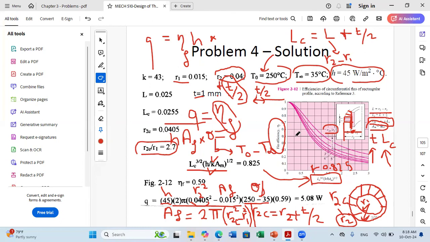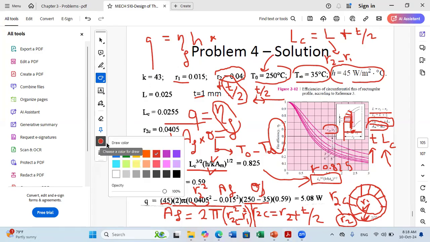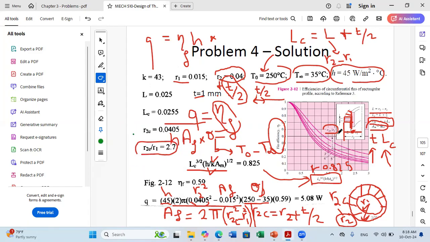Now all I have to do, if I look at my figure, I don't have the graph of 2.7 exactly, but I can do an approximation. So this is the line for R2 corrected over R1 equal to 2. This is the line for R2 corrected over R1 equal to 3.